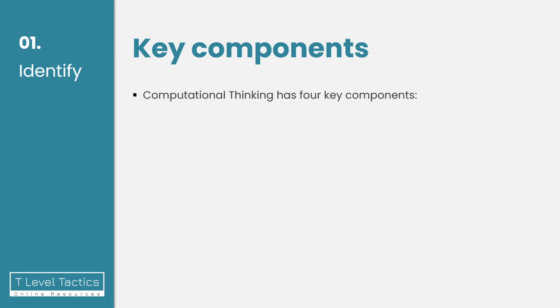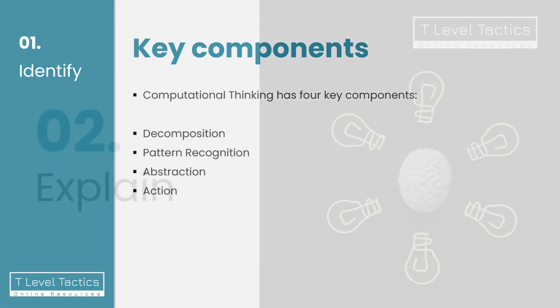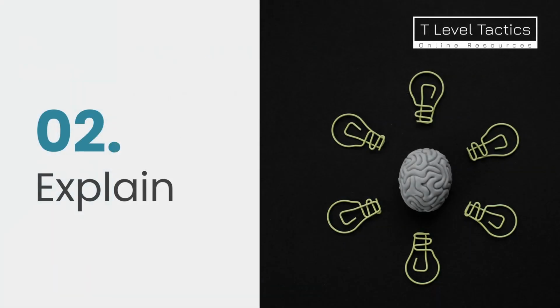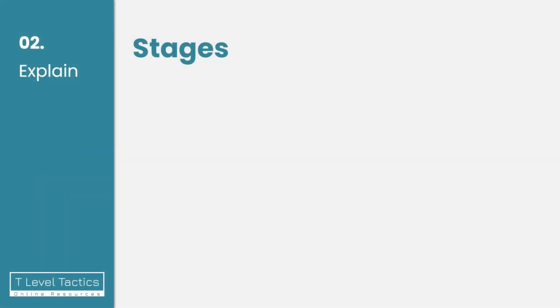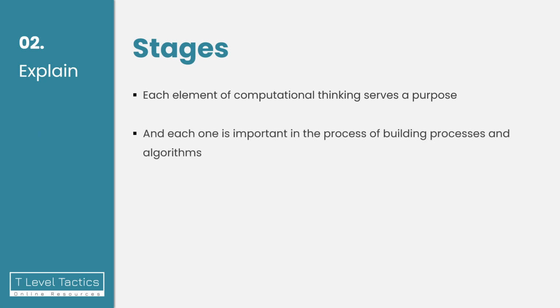There are 4 of them: decomposition, pattern recognition, abstraction, and action. Let's see how each of these components works. Each element of computational thinking serves a purpose, and each one is important in the process of building computational processes and algorithms.